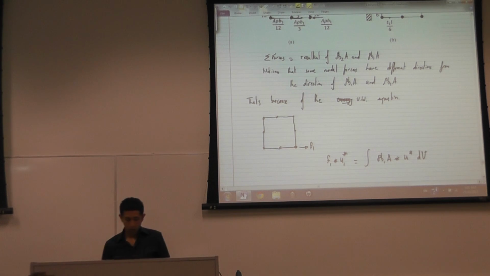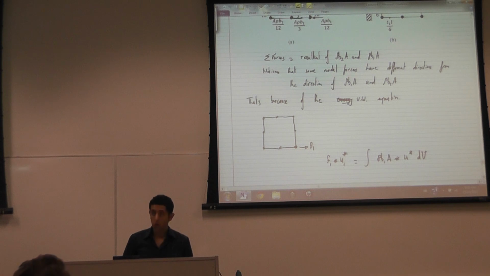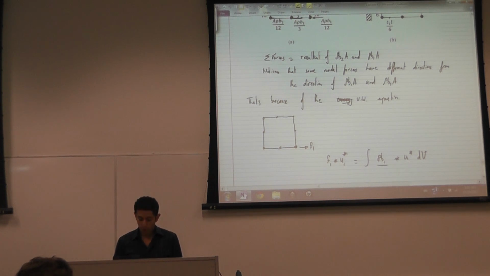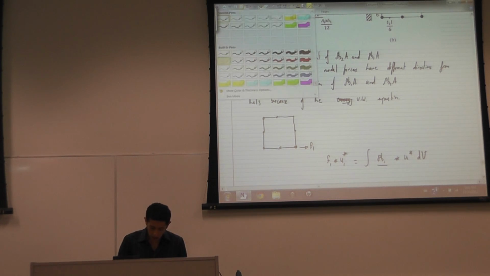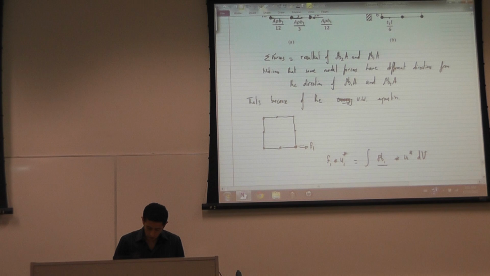I want the force that I need to put at this node so that it's equivalent to the integral of rho B1 multiplied by U star when the element is displaced in this manner. Only this node moves and the rest are zeros.